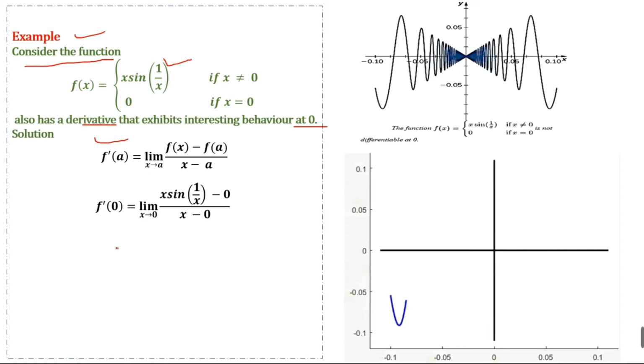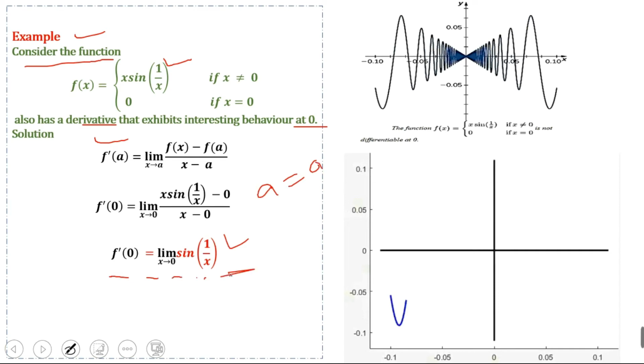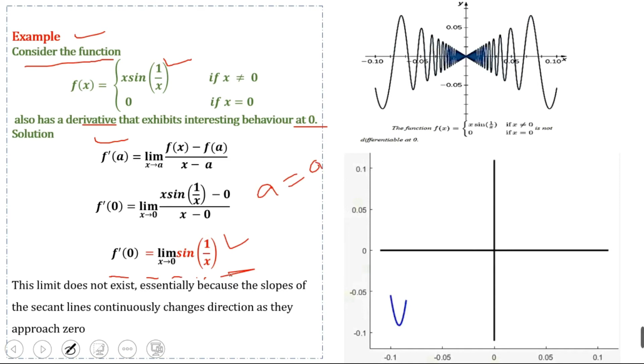So we apply this definition on this function with a equal to 0, and we get this expression for the derivative of the function at 0. The limit as x approaches 0 of sine of 1 divided by x. We will see the behavior of the function as x approaches 0.